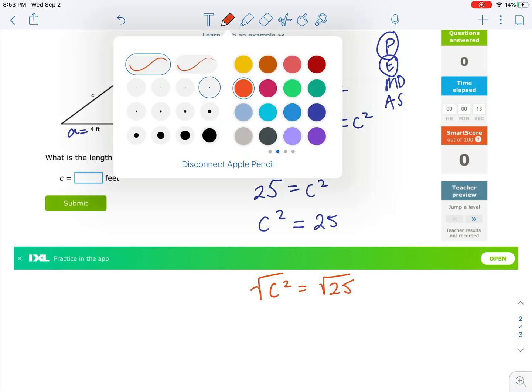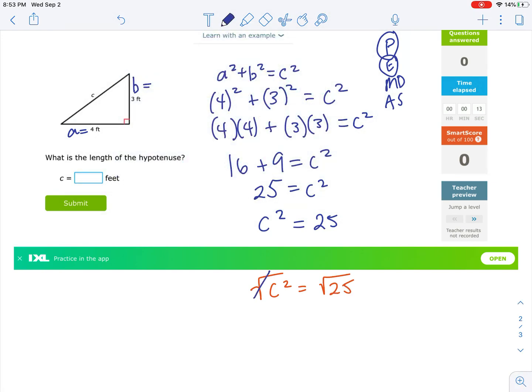In order to get the square to cancel, we have to take the square root. Once I take the square root of C squared, all that's left on this side is just C. I have solved for C on the left, but I need to simplify the right-hand side. The square root of 25 is 5. So C equals 5 feet.